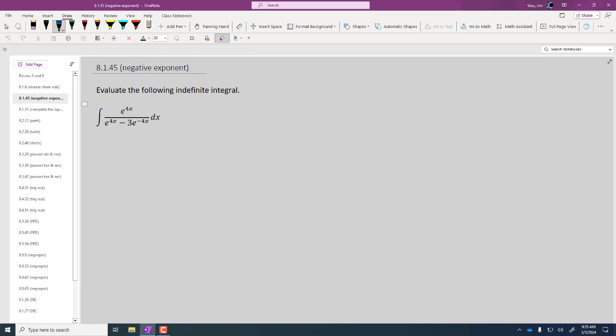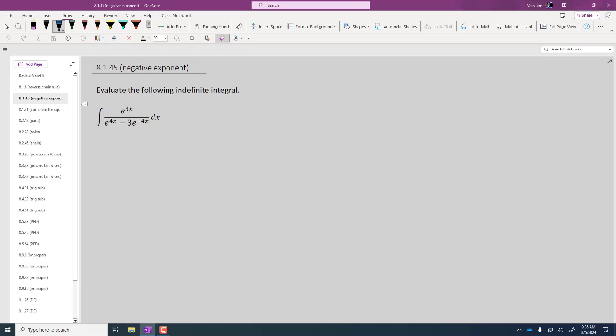The negative exponent can be eliminated in a couple of different ways. When you first learned about negative exponents, you learned that you could just push this into the denominator, which you can do.